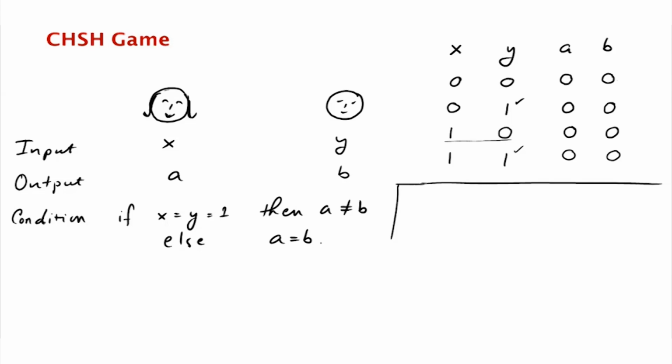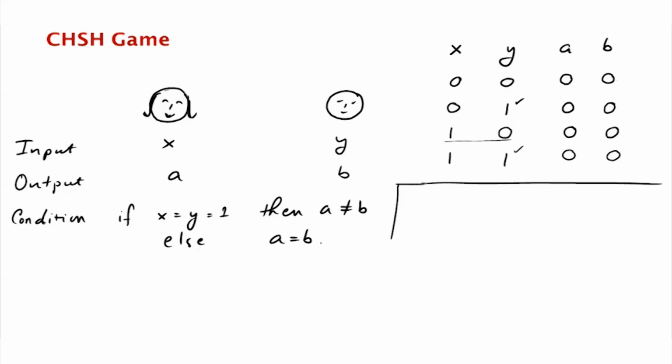They can toss coins, and with some probability they decide to answer one way, and with some probability they decide to answer another way. So they can coordinate their choices. Based on these coin tosses, they can decide today, because the coin tosses turn out to be all heads, we are going to answer in this particular way. But eventually, when they are far apart, they can no longer communicate with each other. So the only coordination comes from what they did when they were together.